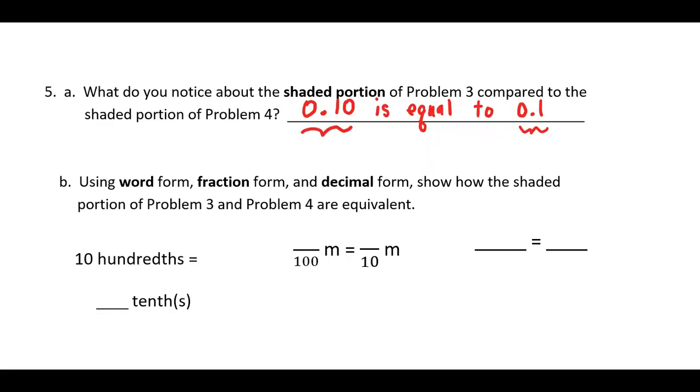And now we can show that comparison. In word form, we would say 10 hundredths is equal to 1/10. In fraction form, we can show that 10 hundredths of a meter is equal to 1/10 of a meter. And in decimal form, we'll show that, again, 10 hundredths is the same thing as 1/10.